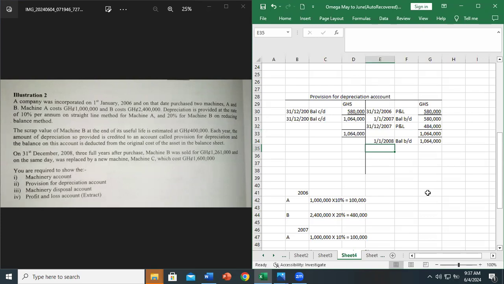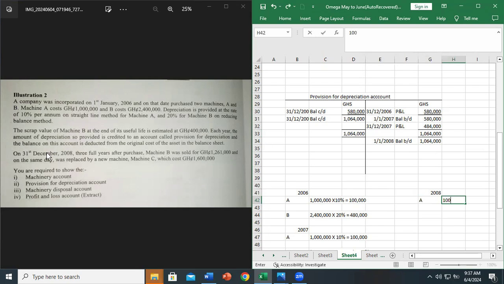So let's calculate the depreciation for 2008. Asset A, was it in the business in 2008? The answer is yes, because it was sold on 31st December 2008. So it means the asset was still available.